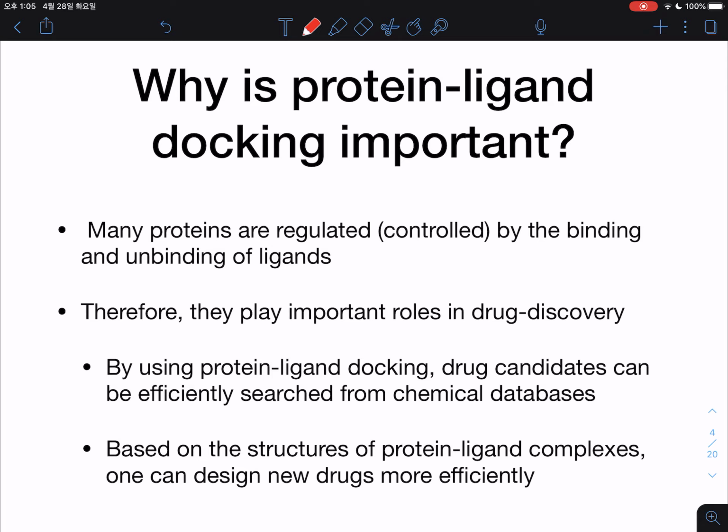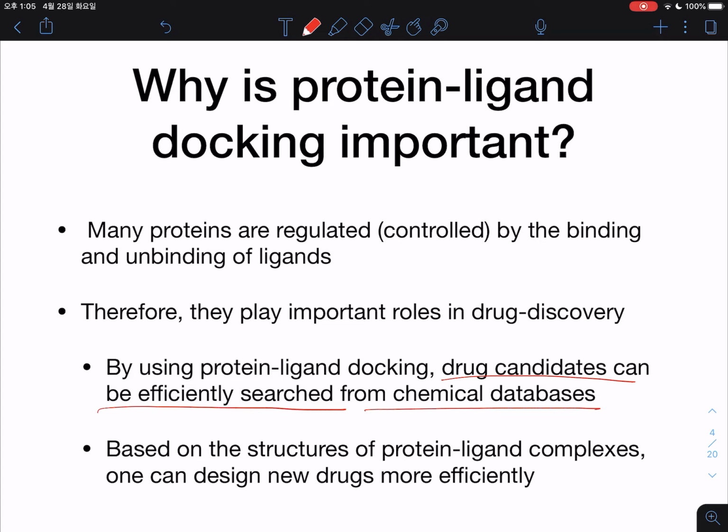Once bound, the activities of the proteins are controlled or regulated by that binding event. The activity of a protein can be enhanced, or it can be prevented or suppressed.